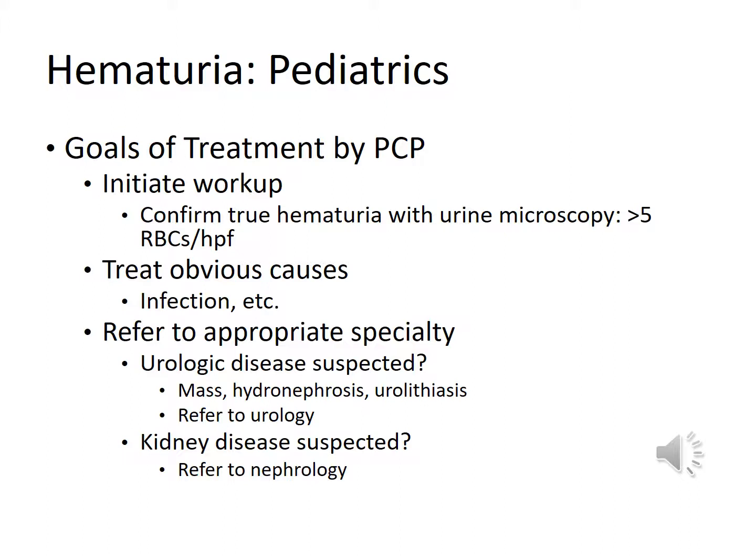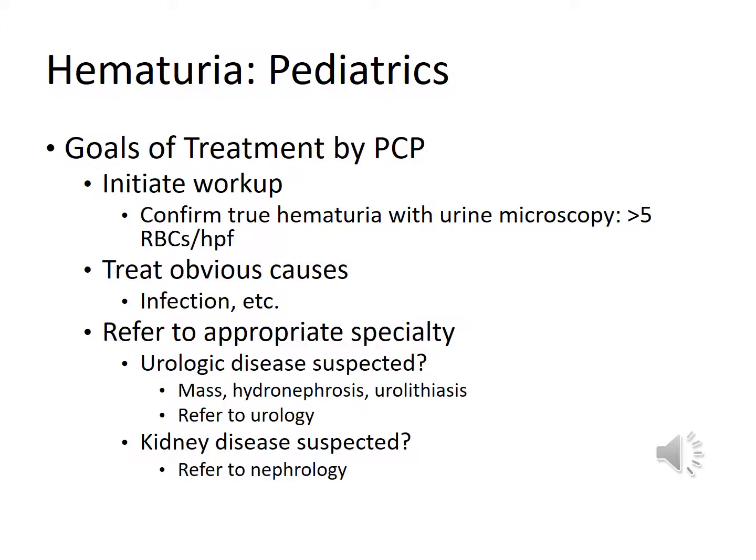So when you're finding hematuria in children in the office, you want to make sure that you're referring to a urologist if disease is suspected. So if you do an ultrasound and find a mass, hydronephrosis, or kidney stones, then you need to refer to a urologist.